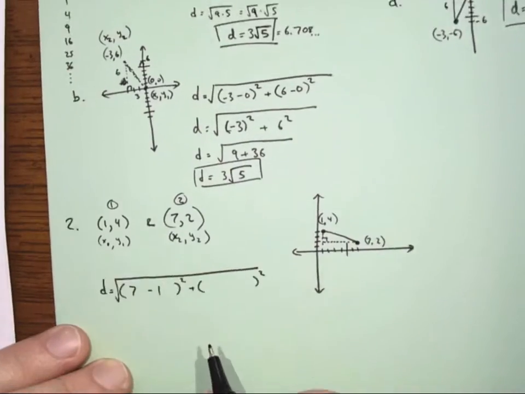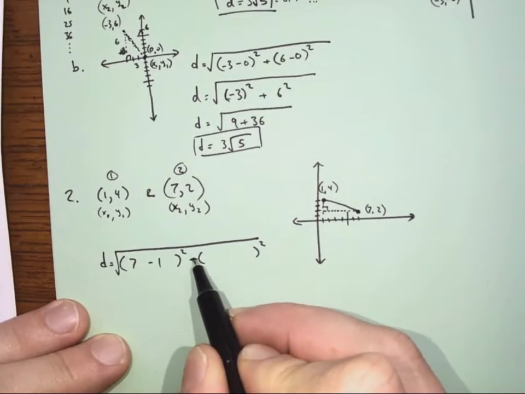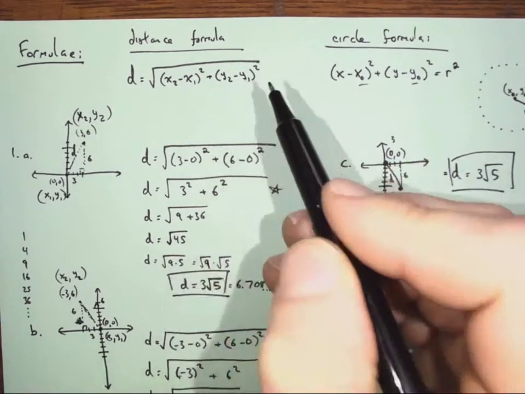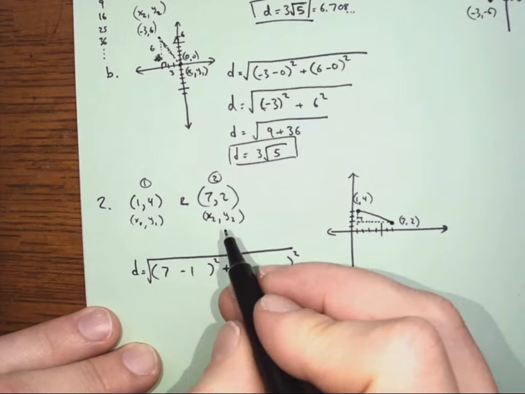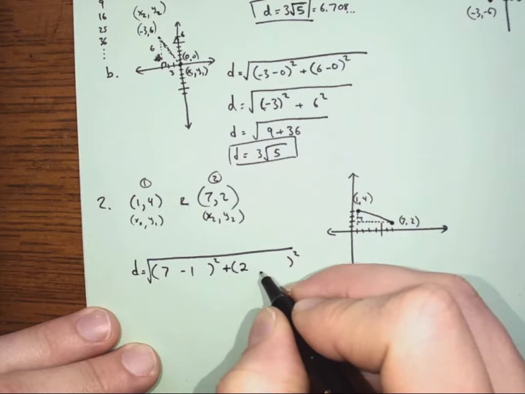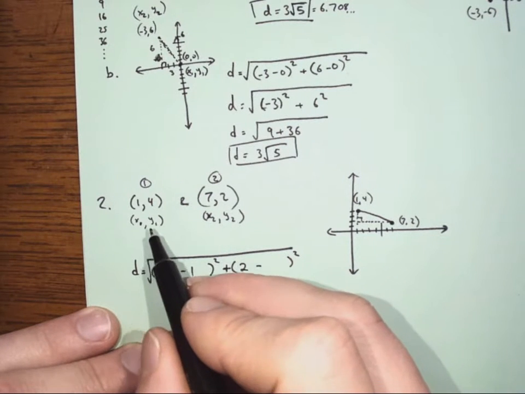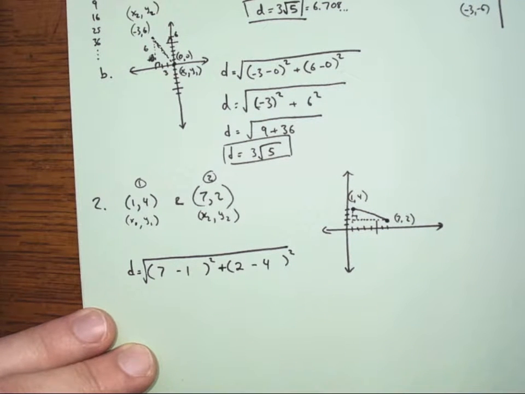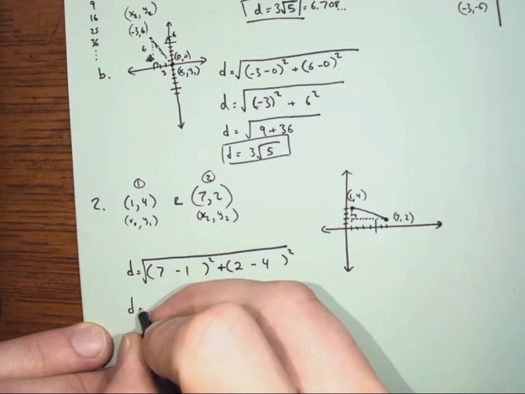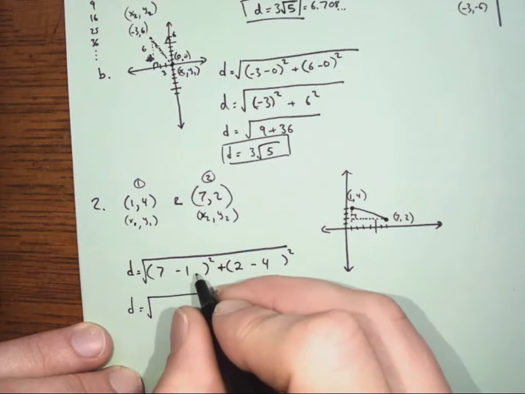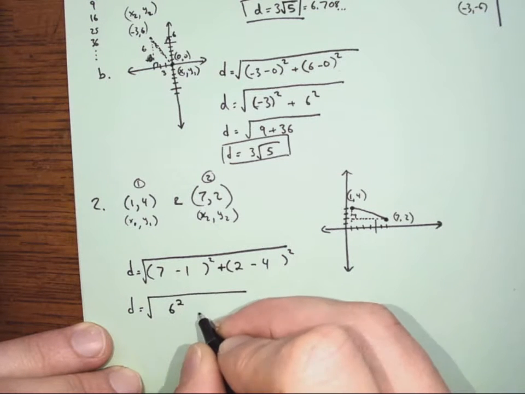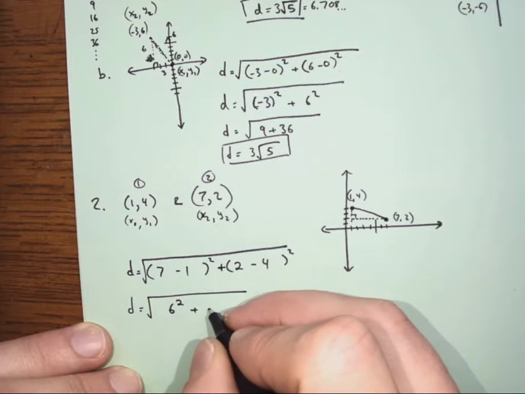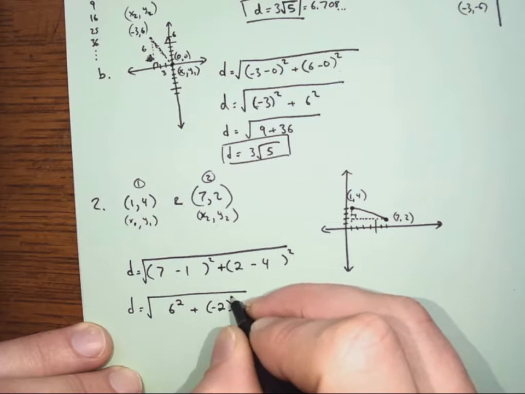And then we're going to add to that the difference between y2 and y1. y2, which is 2, take away y1, which is 4. Okay. And so then we get the square root of 7 take away 1 is 6 squared, plus 2 take away 4 is -2 squared.